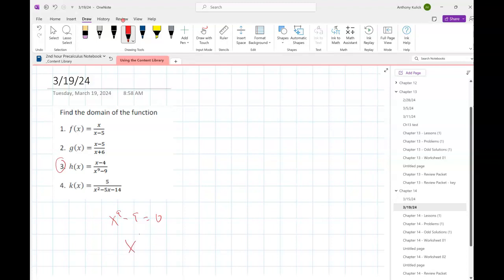So I'm just going to add 9 to both sides and then take the 9th root of both sides, because it's an odd root. It's no plus or minus. And it's done. That's all she wrote.